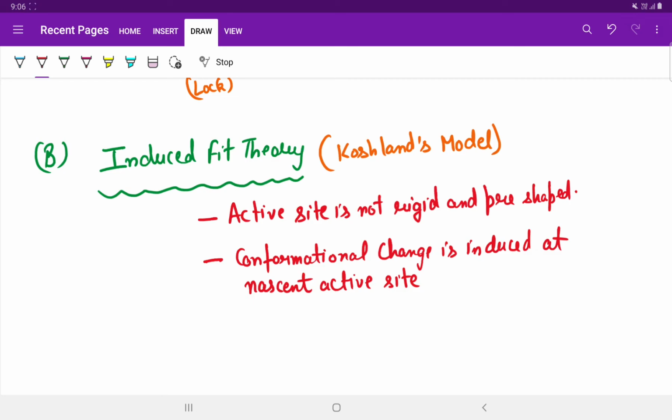Further, due to the induced fit, the appropriate amino acids of the enzyme are repositioned to form an active site and bring about the catalysis.